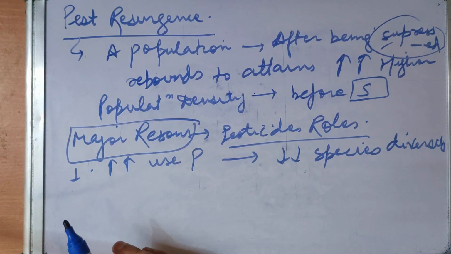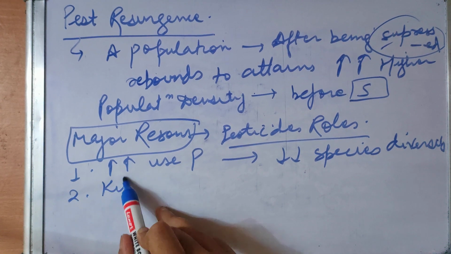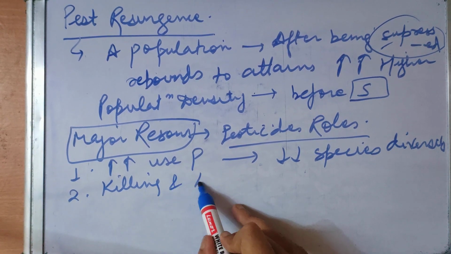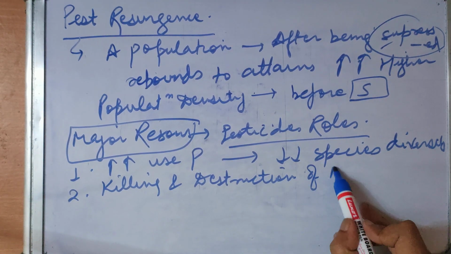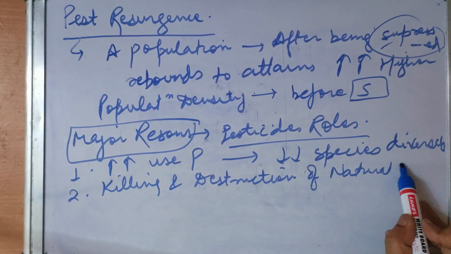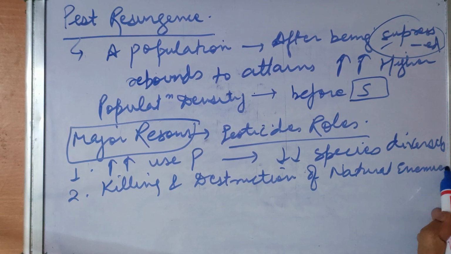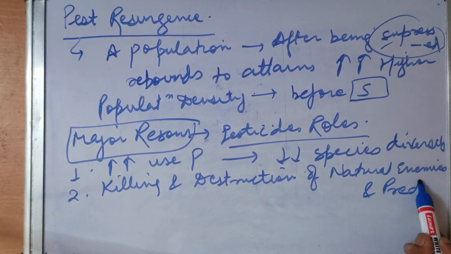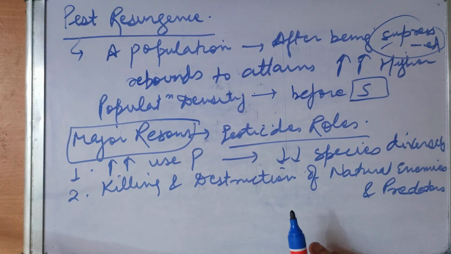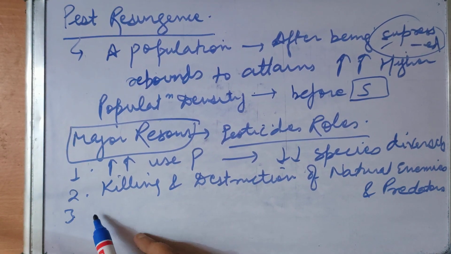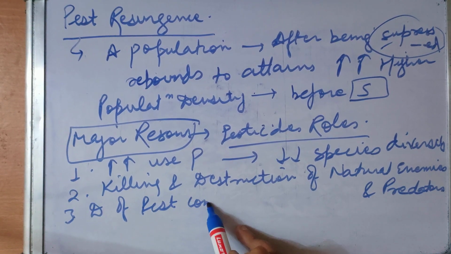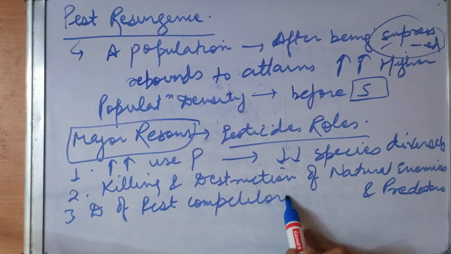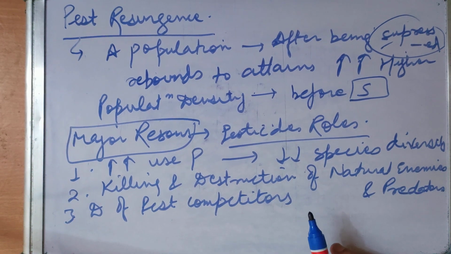Killing and destruction of natural enemies and predators, which I discussed right now. Destruction of pest competitors. Example, more space to target pest, no enemies.